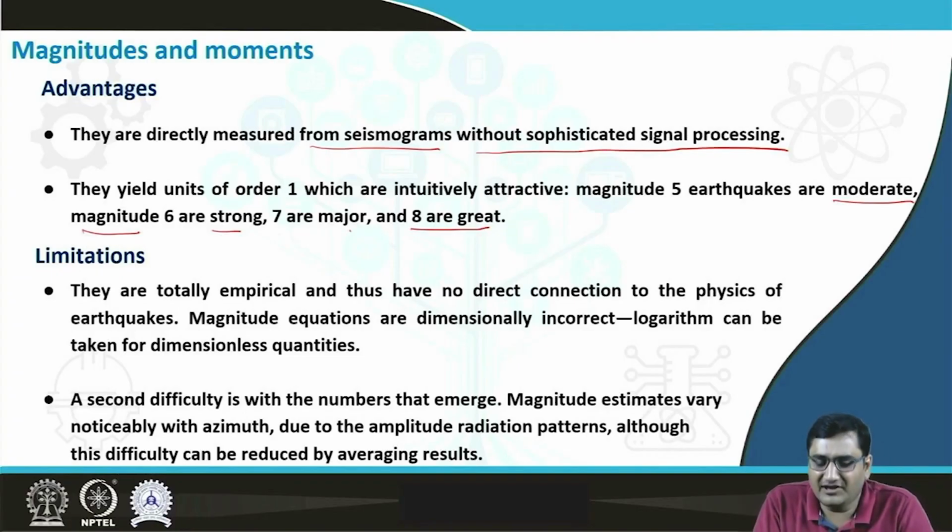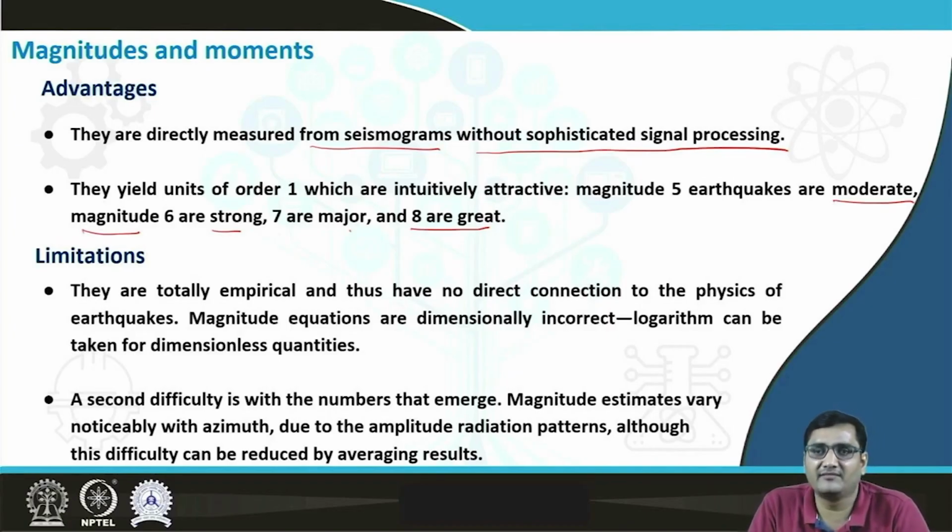There are certain limitations to the magnitude scales. First and foremost, they are totally empirical and do not have any direct connection to the physics of the earthquake, which means they are not derived from mathematical expressions.